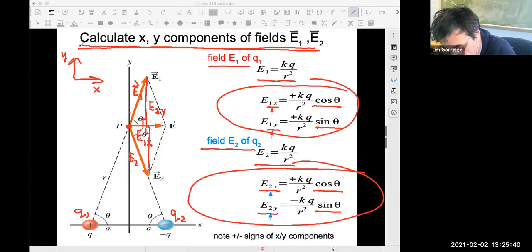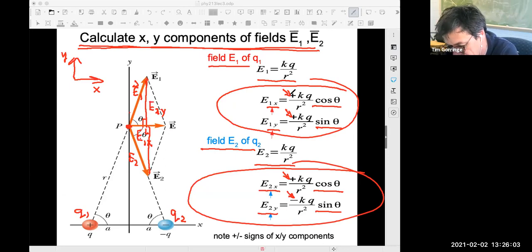One thing I want to point out is the signs here. I put in the signs by hand by consulting the picture, the sketch. E1x is to the right and E1y is upwards.